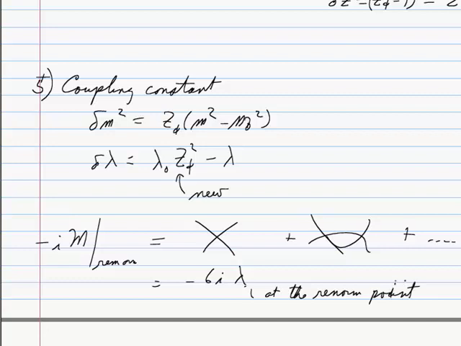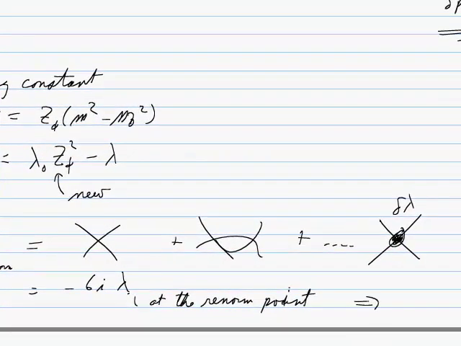Okay. And that identifies delta lambda. And at this stage, you just go ahead and calculate. Everything now comes out expressed in terms of the physical masses.